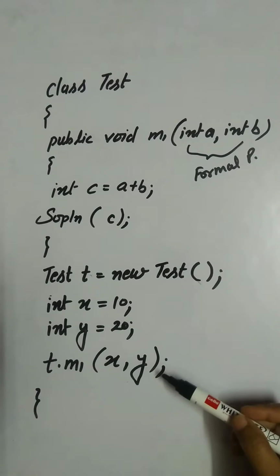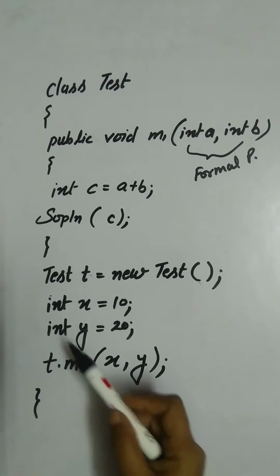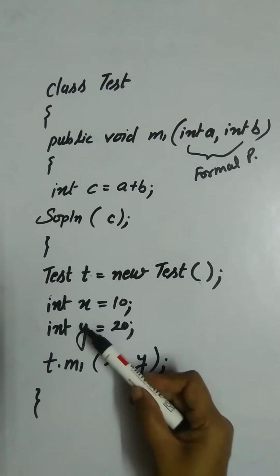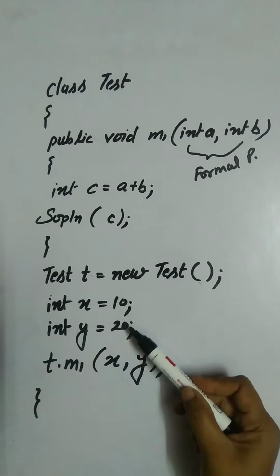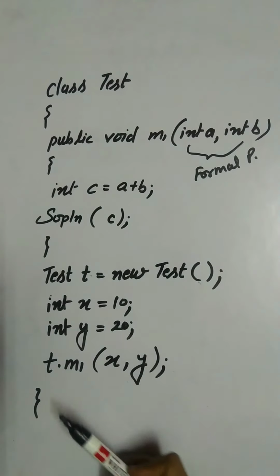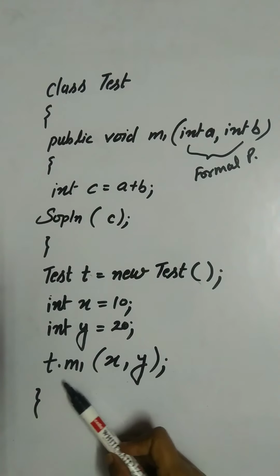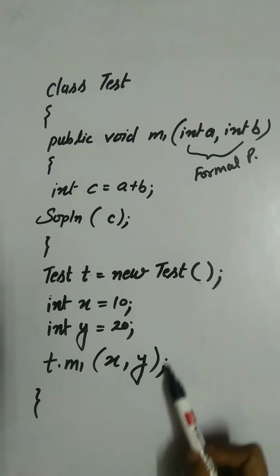And when we call the same method and pass variables, those parameters are known as actual parameters at calling time. Here I am creating the object of the class, taking two variables x and y, putting values in x and y, and calling the method t.m1. It's a calling of the method.